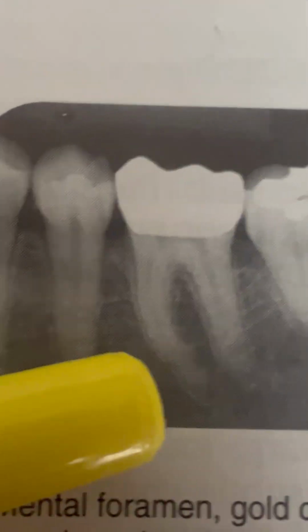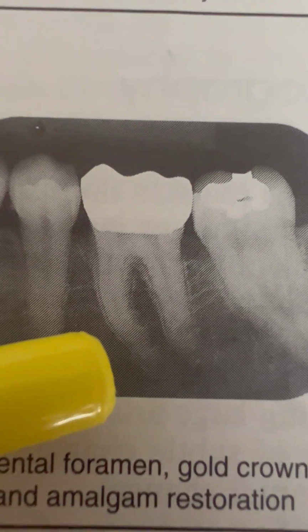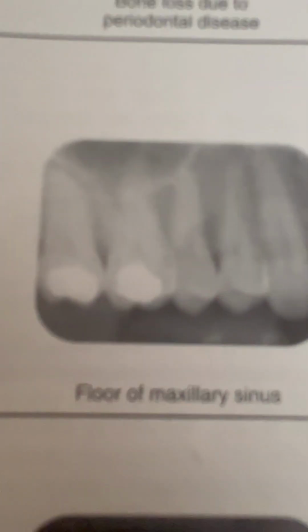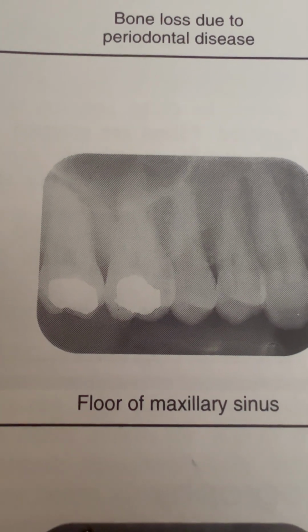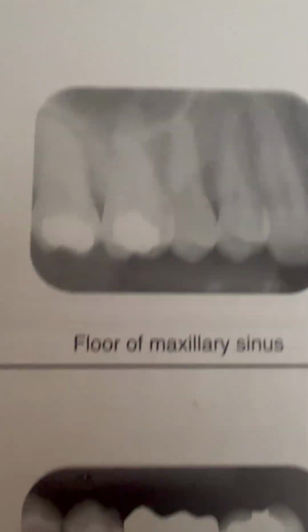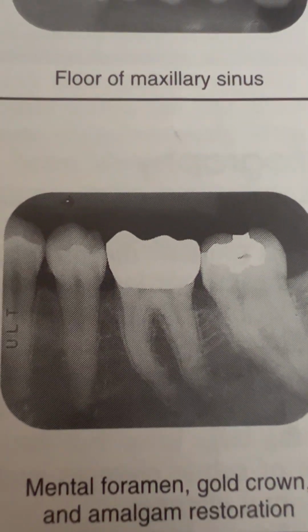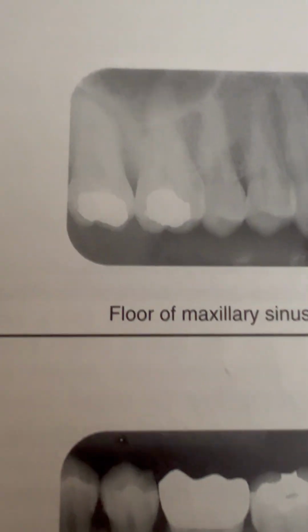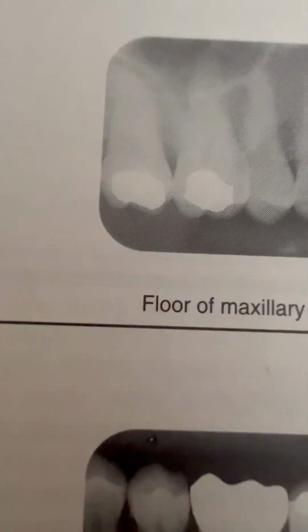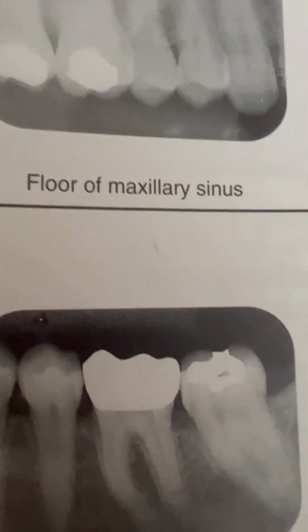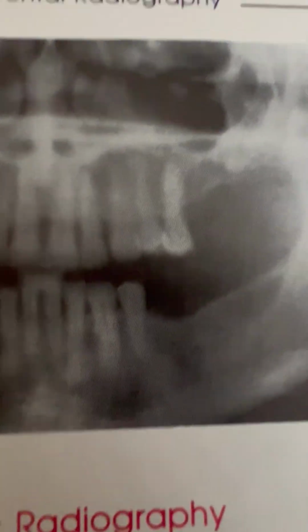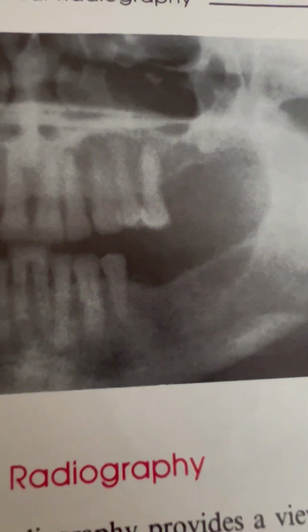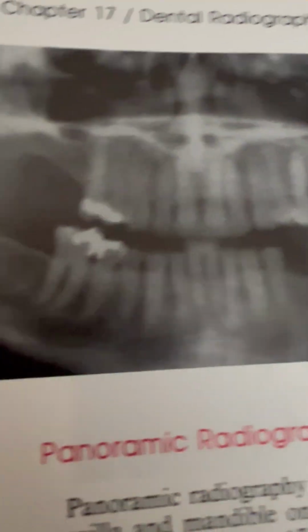Here it is. And look at this one that shows you the sinus. That's the upper. See the difference of the bone structure? That's how they're able to tell an upper film from a lower film.